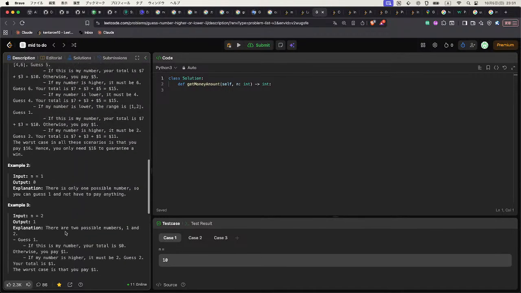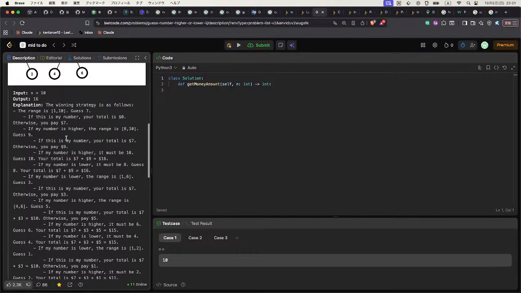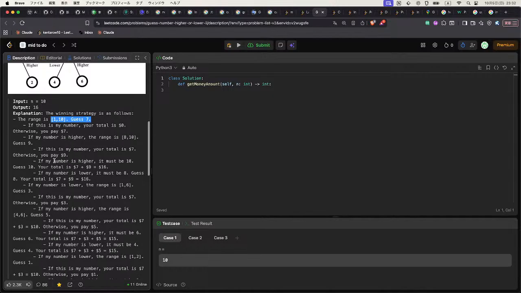It feels like so difficult. I need to understand this explanation. Why guess 7 at first? If this is my number, your total is 0. Otherwise you pay 7? Yeah? The possible numbers would be 8, 9, 10. Guess 9.